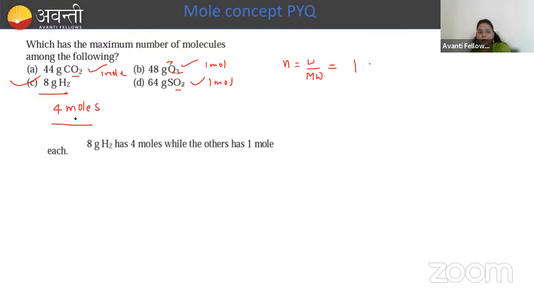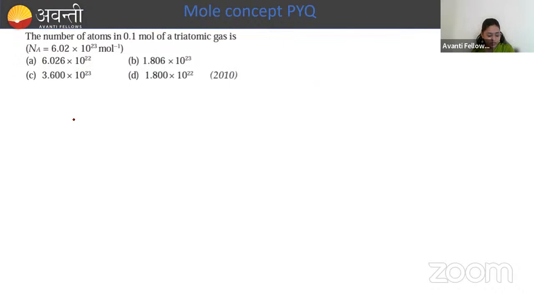Right? Next problem. The number of atoms in 0.1 mole of triatomic gas. So here, the gas is triatomic. So what will be the formula? Number of atoms will be equal to Avogadro's number into number of moles, into 3, because the gas is triatomic. So put the value of Avogadro's number, 6.022 into 10 raised to 23.